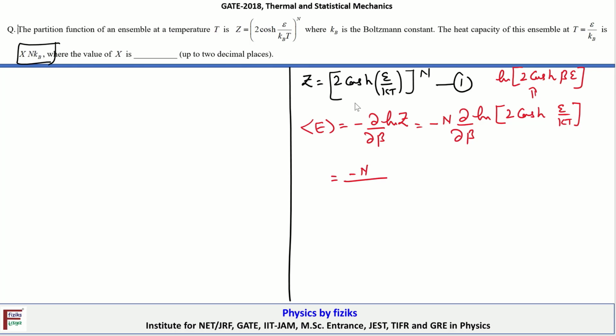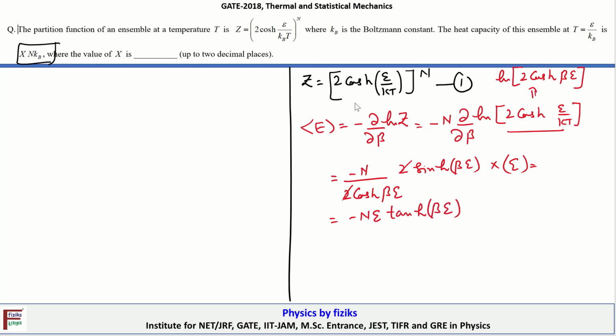So that is equal to minus nE, 2 cancels with 2, nE tanh(βE). Let's call this equation 2.